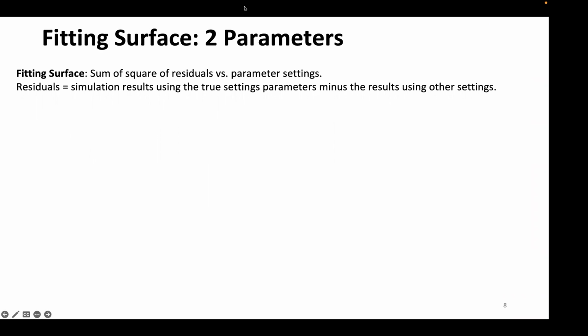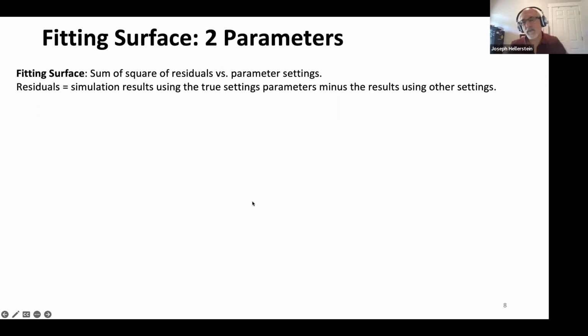Okay, so let's talk about, yes, go ahead. A comment or a question from the chat, about parameter sensitivity analysis before doing fitting, and how would that help? Oh, yes, right. Parameter sensitivity analysis is yet another consideration, so you layer these considerations one on top of the other. If you have found a set of parameters that give you good results, the question is, how many of them really matter?